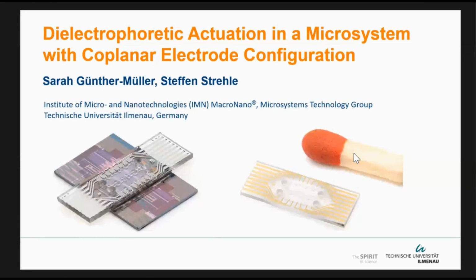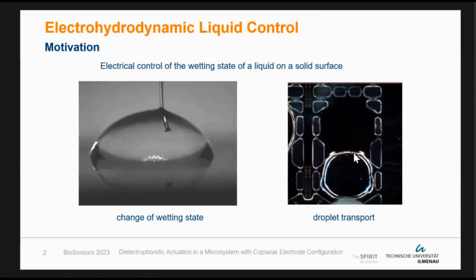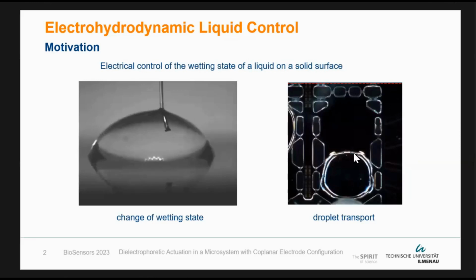And I'm glad to take this opportunity to give you an insight into the world of microfluidics and the actuation of small droplets. So what can we do with electrohydrodynamic actuation of liquids? This effect can be used to manipulate the wetting state of liquids on solid surfaces by the application of electrical fields.